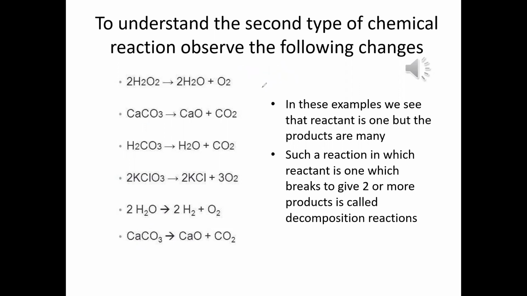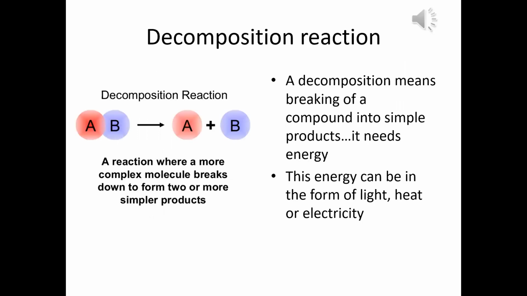Decomposition, decompose. Obviously it will not break on its own. It may require some energy, but if one single substance breaks to give many products, we call it a decomposition reaction. So AB was a single compound which breaks to give A and B, and energy can be released in the form of heat, light, or electricity.